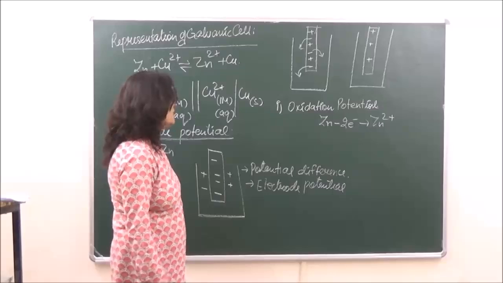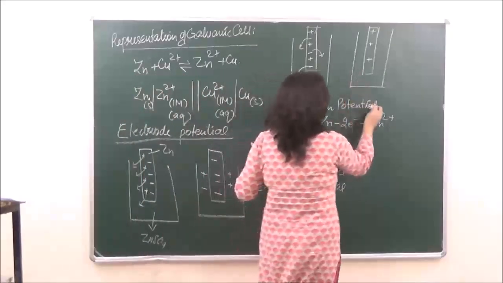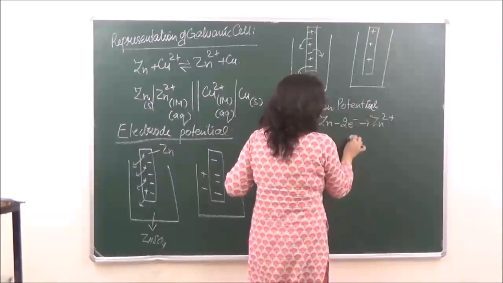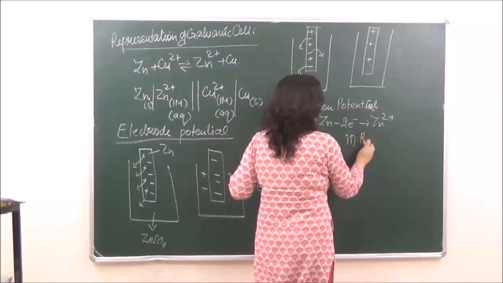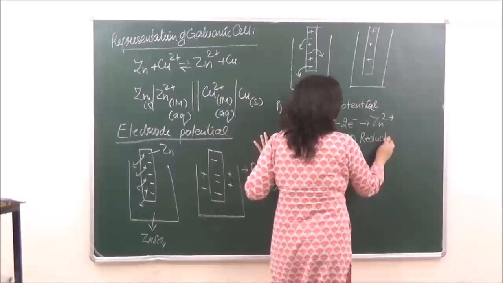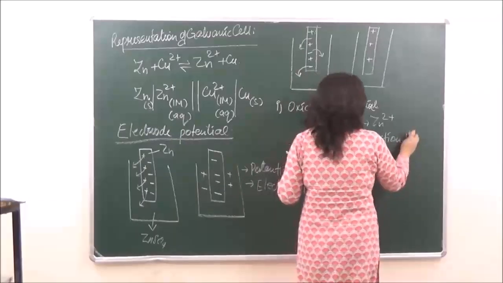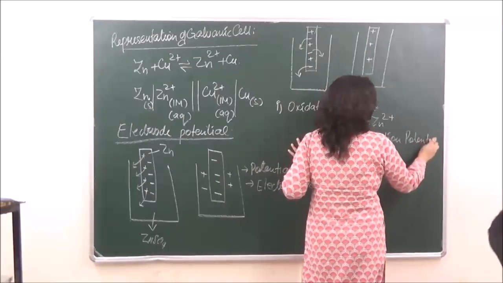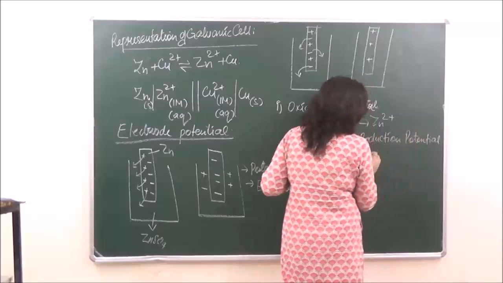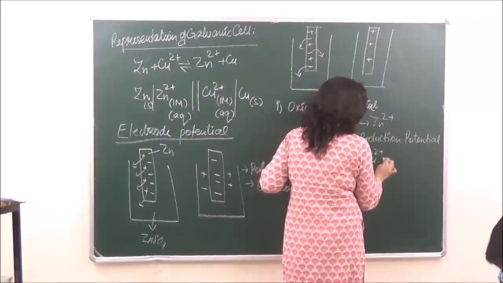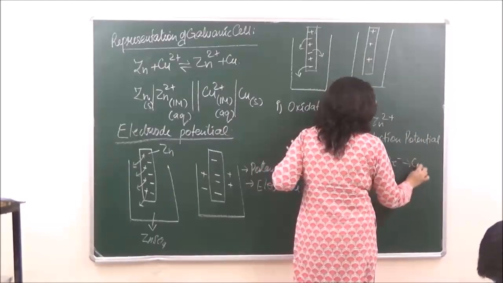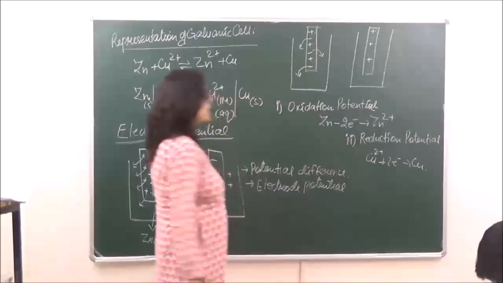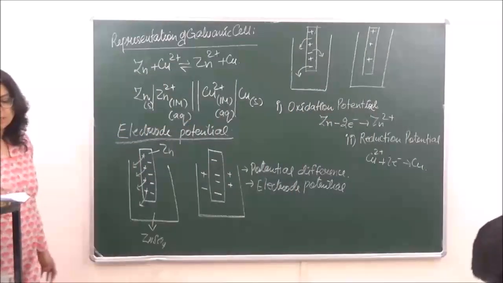Okay? Whereas in the second case, the potential difference, or the electrode potential, is known as reduction potential, because Cu2+ is gaining 2 electrons to give us Cu.